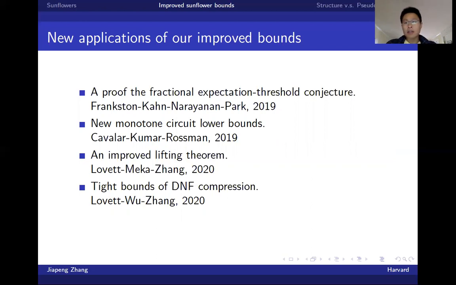Okay, so this is not a very direct application, but the proof is based on a similar idea. This is by Lovett, Cohen, and me. This paper was also published in STOC this year, and Cohen is giving the talk. Okay, and there could be more applications.